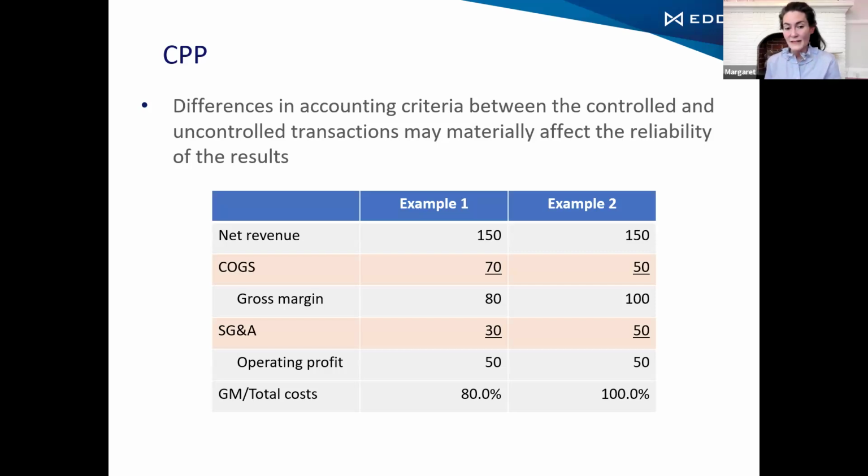But you still see that the split between COGS and SG&A, how those costs are bucketed, is going to make a difference. And so that's why, even though tax authorities put these two methods close to the top of the hierarchy, I tended to avoid them if I could.